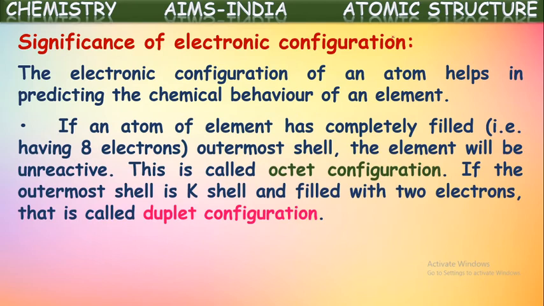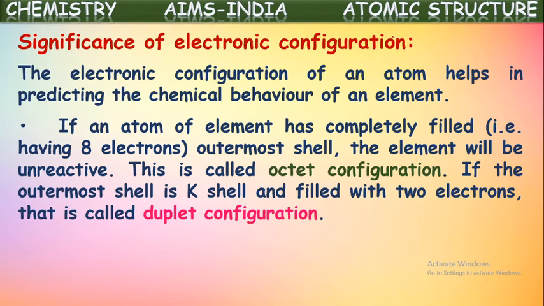For suppose if an atom of an element has a completely filled outermost shell. Completely filled in the sense, the outermost shell can accommodate a maximum of 8 electrons. So if an atom of an element has 8 electrons in its outermost shell, then the element will be unreactive or will be more stable.